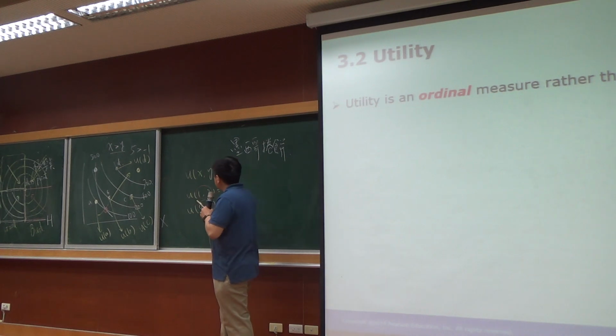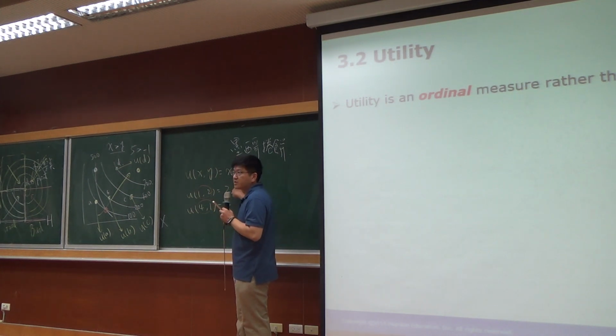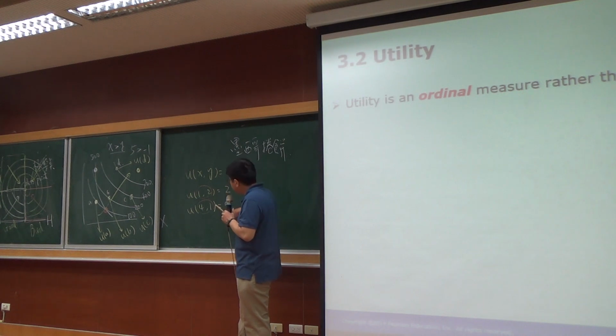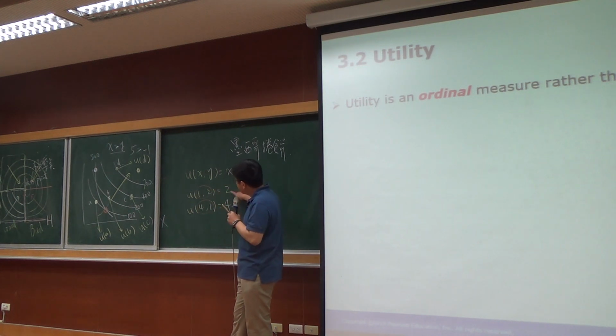But I would not say bundle (4,1) gives us satisfaction twice that of bundle (1,2). I would not say it's twice of this. I would just say the rank, the order, this one is better. So the key of these values is their order rather than the absolute level.